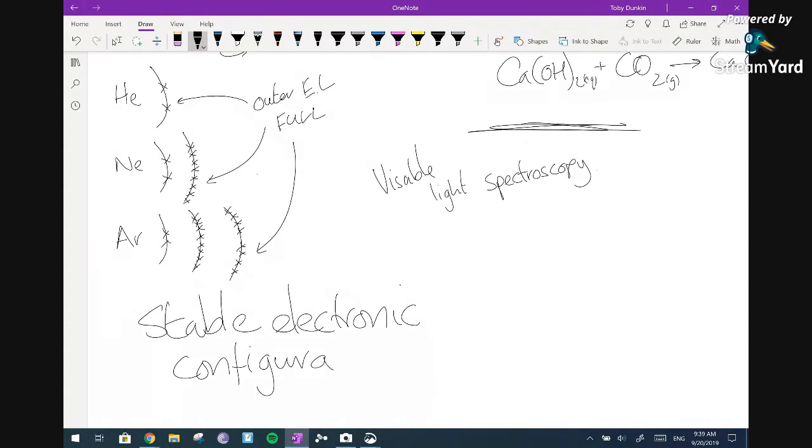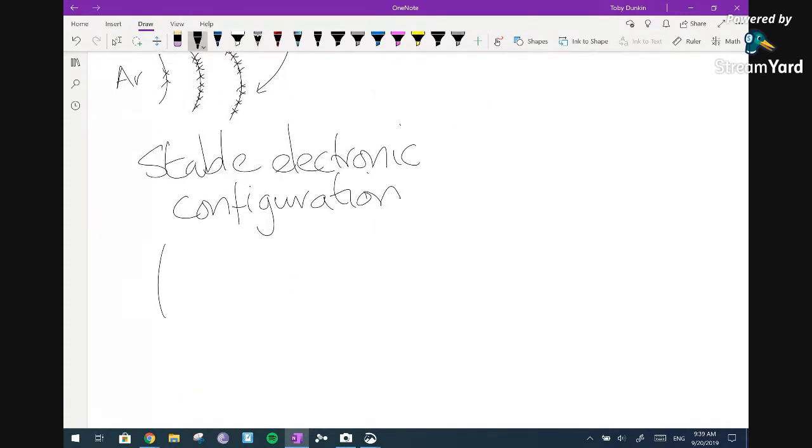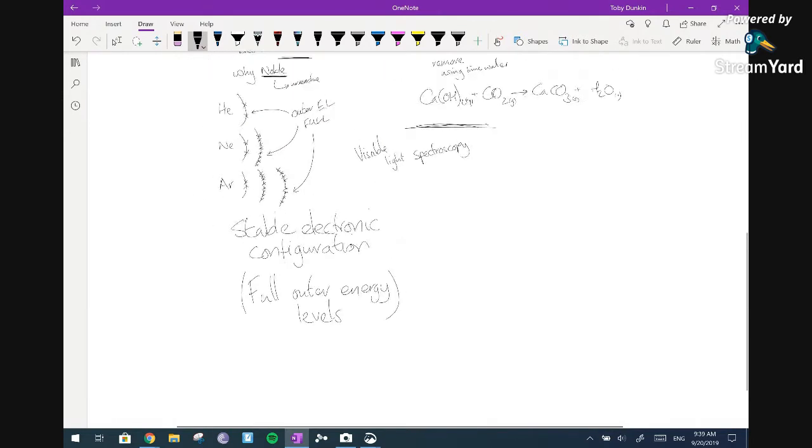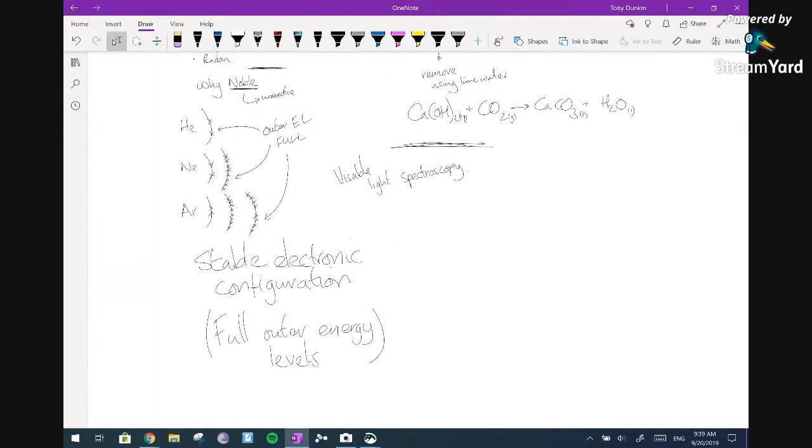At GCSE, we say full outer energy levels. So they have a full shell, so they don't react, right?